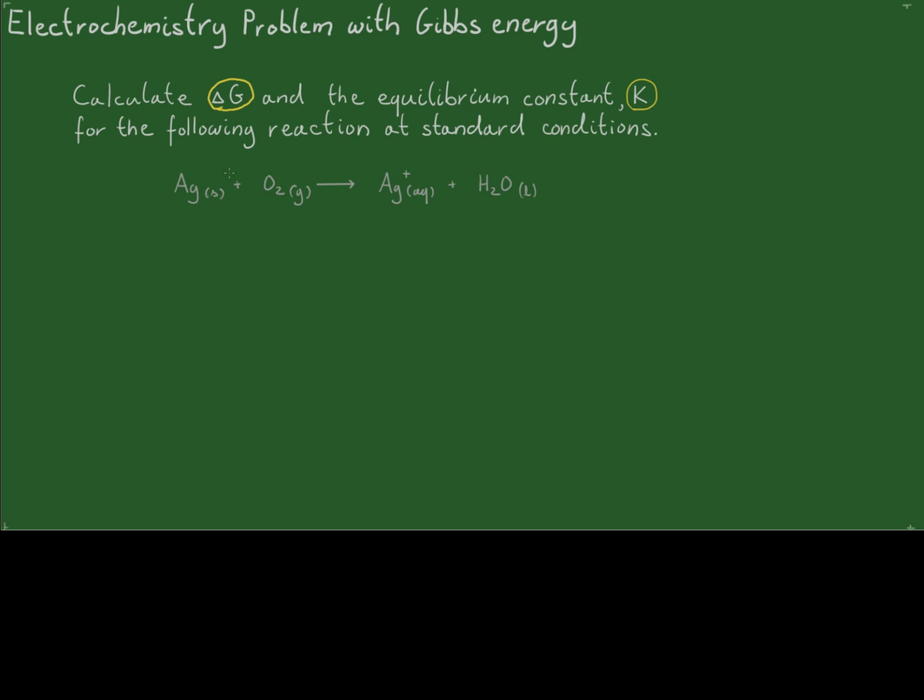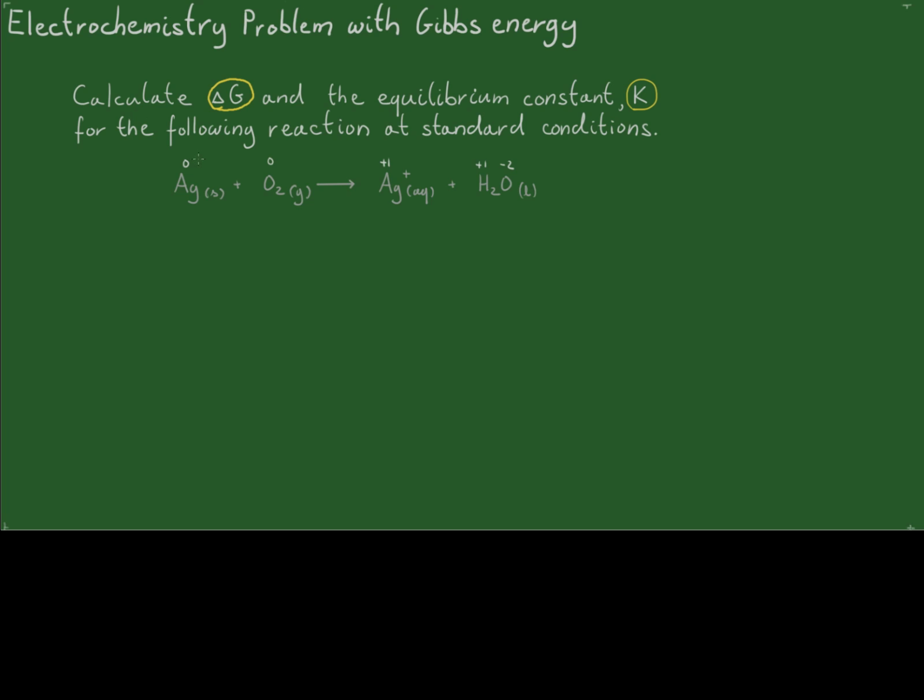And I can check that by using the oxidation numbers. The oxidation number of silver is 0. The oxidation number of oxygen gas is 0. The oxidation number of an ion is whatever the charge of the ion is, so in this case, +1. The oxidation number of hydrogen is mostly +1, which means the oxygen has to be -2.